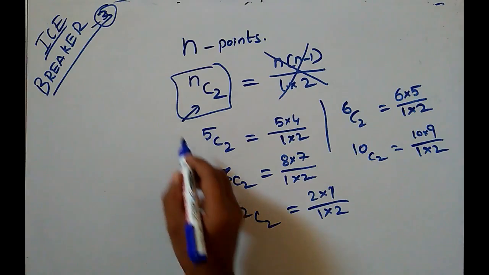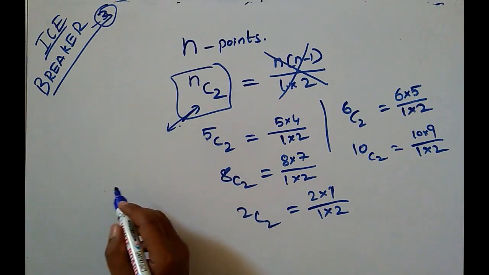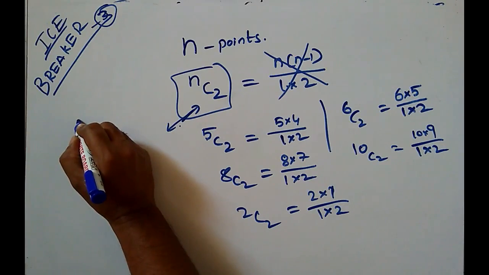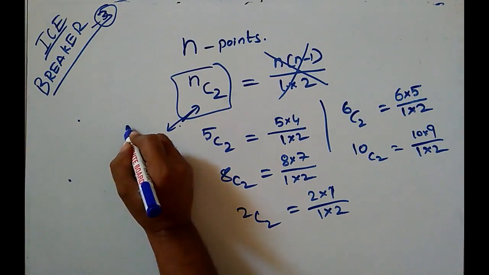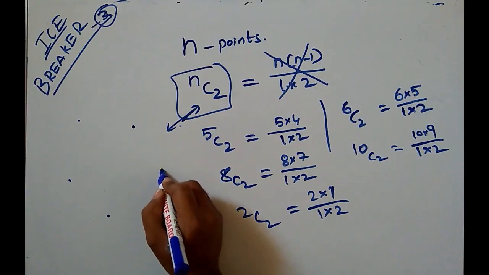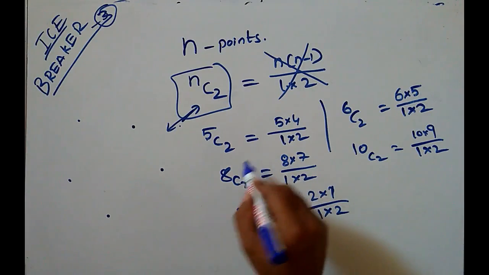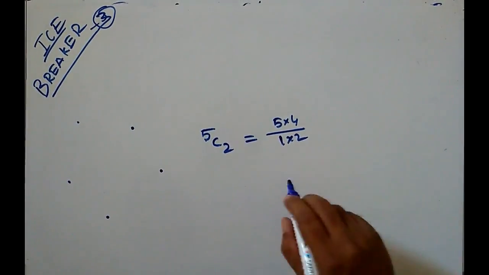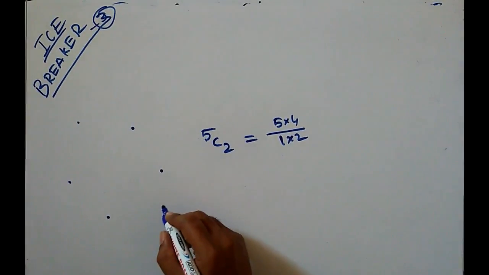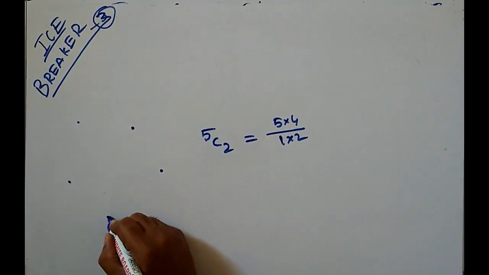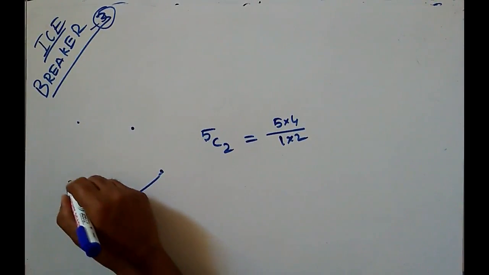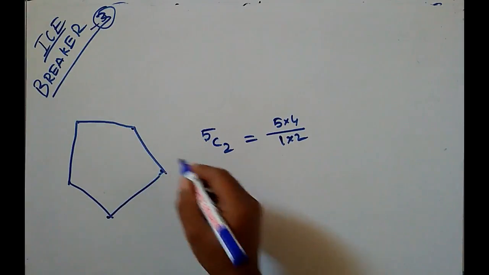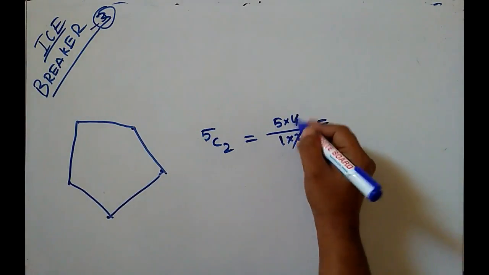And this is the formula which gives, if I take 5 points, the number of lines drawn between these 5 points is given by 5C2, which is nothing but 10.